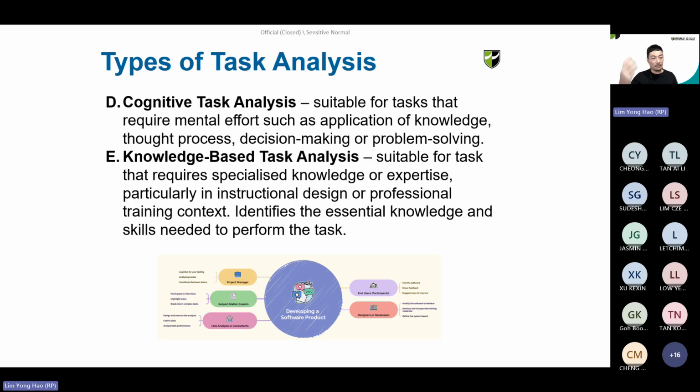And so cognitive task analysis, of course, is a bit different from behavioral. It requires a bit more thinking, so this probably requires people to articulate what they're doing when they're thinking. Then you have knowledge-based task analysis, a bit more focused on the sources of knowledge people are using. It could be an external resource that people use as part of their work, or a system, taxonomy, or some knowledge tree that people use when they're doing something like a checklist.